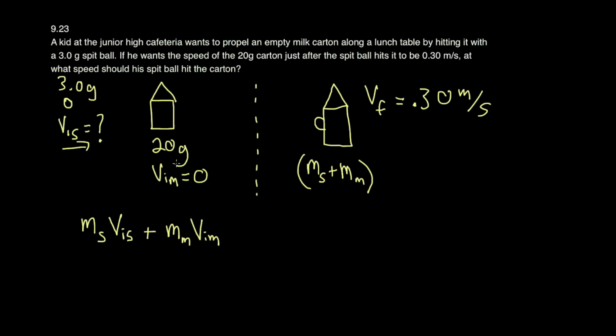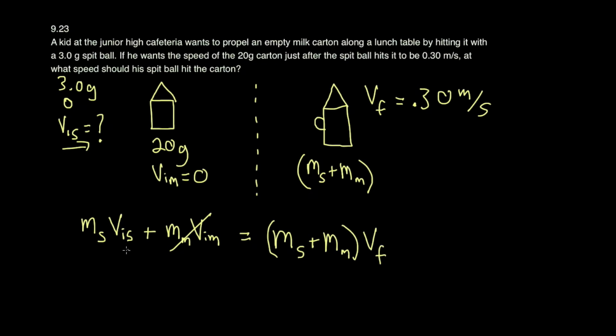But again, the milk carton is at rest, so this is going to be 0, right? And in the second half, we have the mass of the spitball plus the mass of the milk carton, right, because they're connected, and then times the velocity of this. And we're told that we want it to move at 0.30 meters per second, so times V sub F.